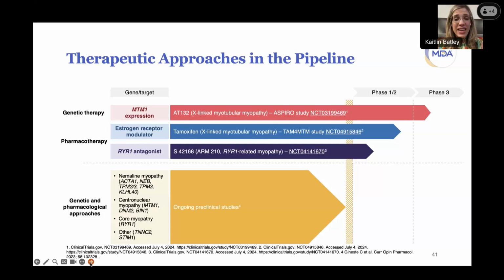But the most exciting thing, I think, is that there's an extensive amount of work being done kind of on the preclinical side.